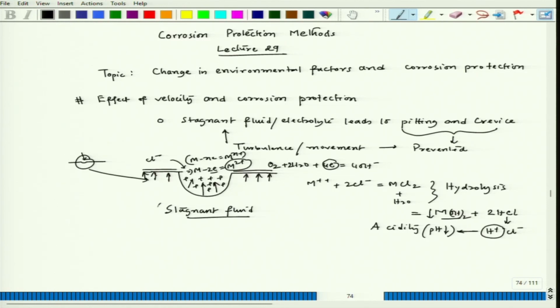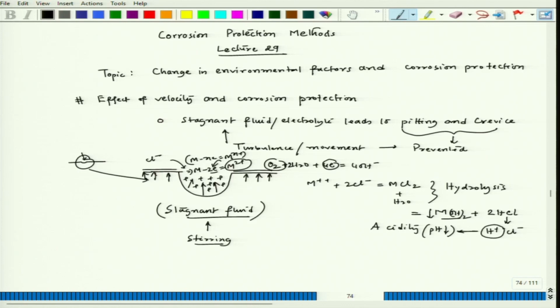Now, if stagnancy is maintained, oxygen can only ingress to this particular segment, which is the narrow segment of that pit, by diffusion, and that diffusion at room temperature could be very slow. Now, if we put some stirrer, that means if we have churning in that particular electrolyte, which is nothing but the aqueous salt solution. So, stirring.